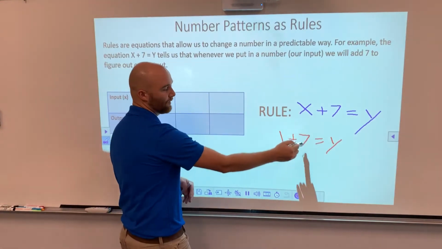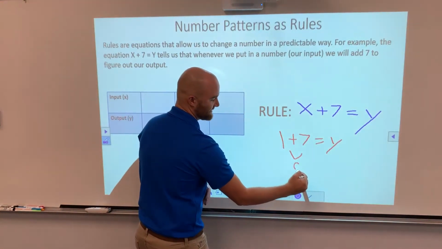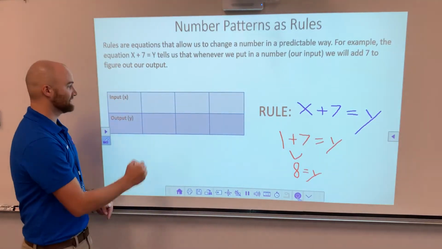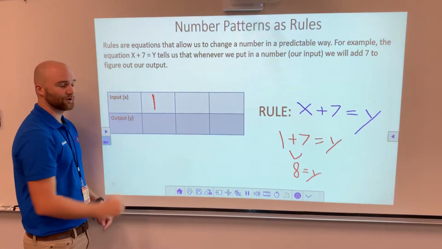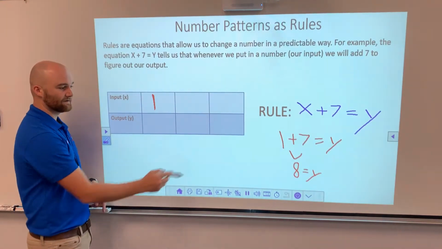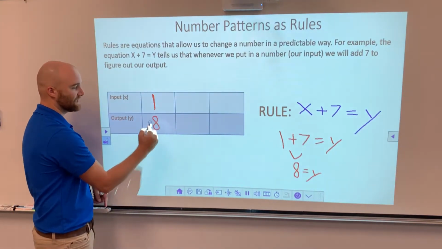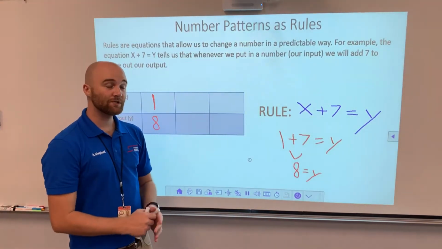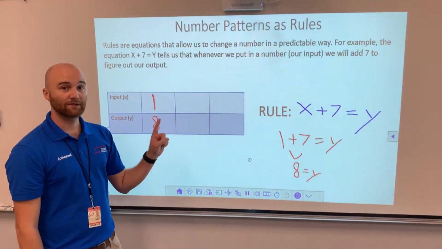We can all do it. 1 plus 7, that's 8. So if our input x is 1, then our output y has to be equal to 8. All we're doing there is taking a rule and choosing one of the letters to plug in.